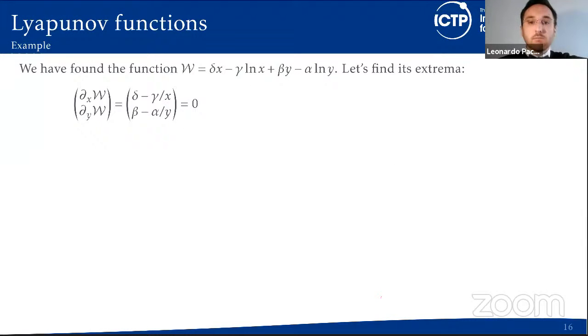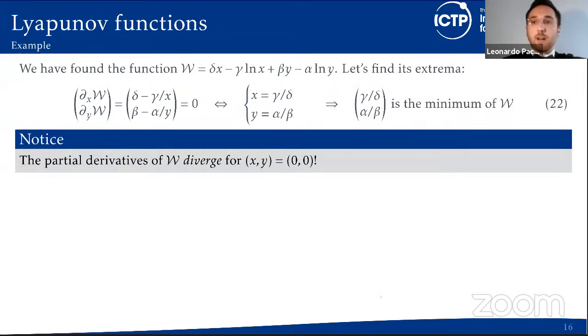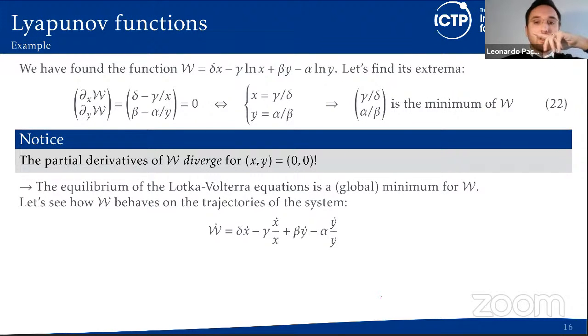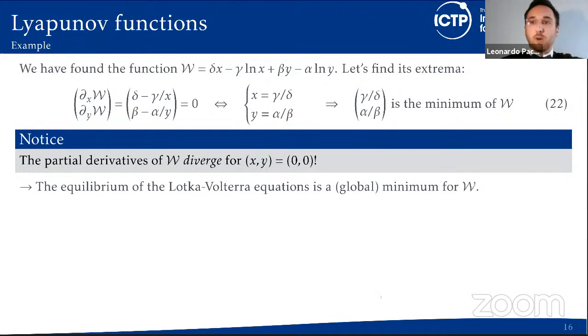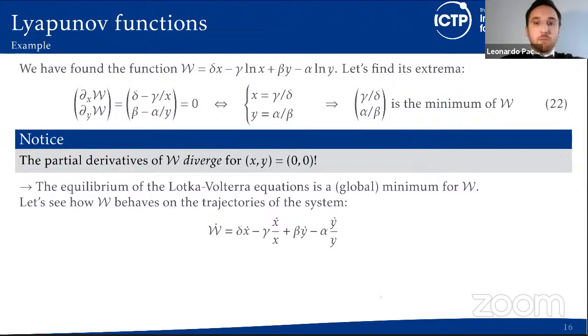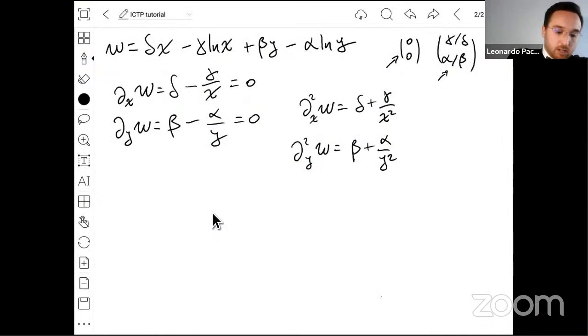So we can try to use this function as a Liapunov function for the non-trivial equilibrium. What we have to do now is compute the time derivative of the function along the trajectories. So if we compute the time derivative of this function, again, I can just write it down here.